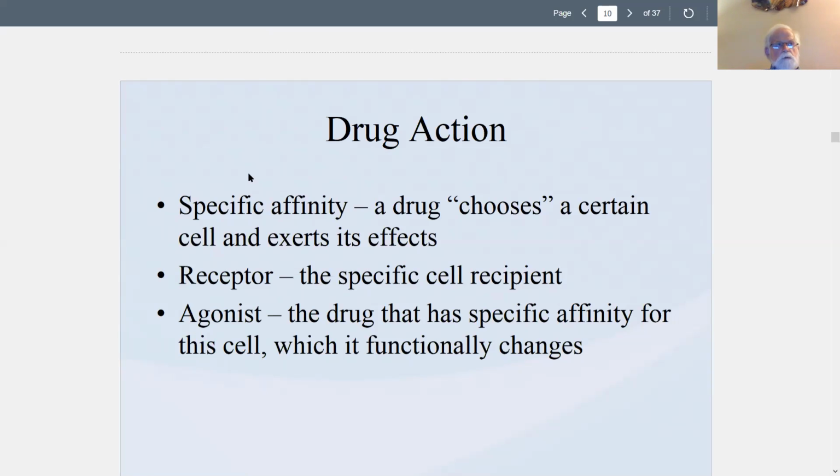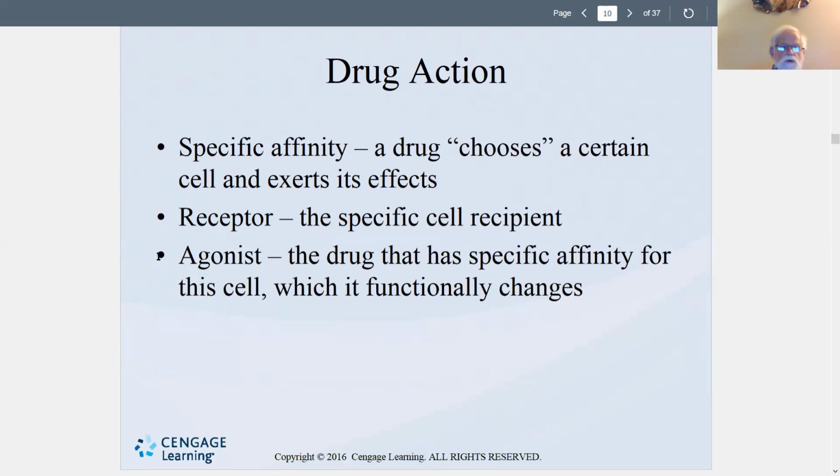A receptor is a molecule that actually will latch onto the drug and will then, in the process of being attached to by the drug, change its form and actually exert a biological effect within the cell.